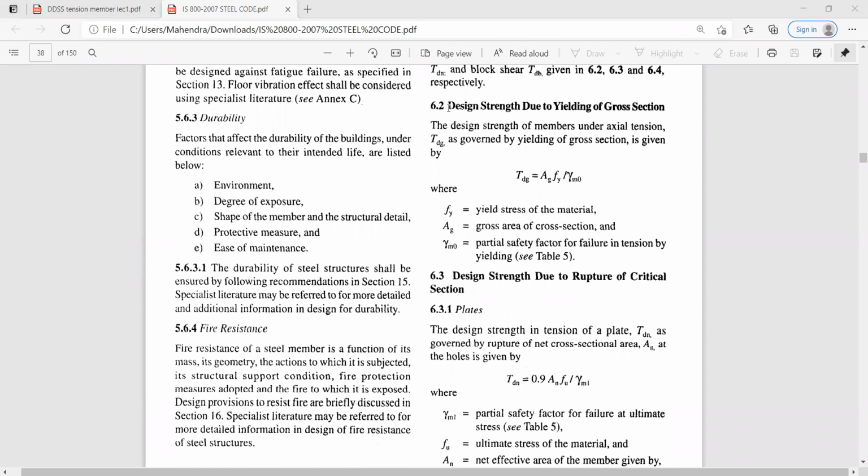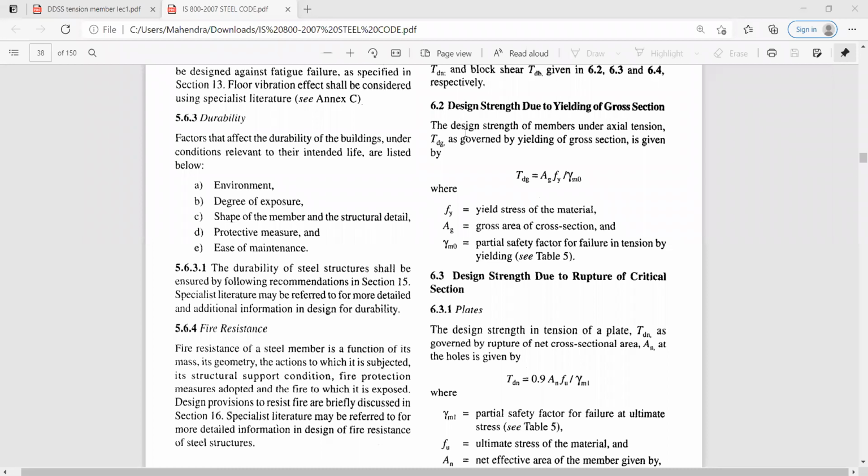The formula to calculate the design strength due to yielding of the cross section is given by TDG. TDG is the design strength of the member under axial tension, and the formula is Ag into Fy upon gamma m0. Fy is the yield stress of the material.